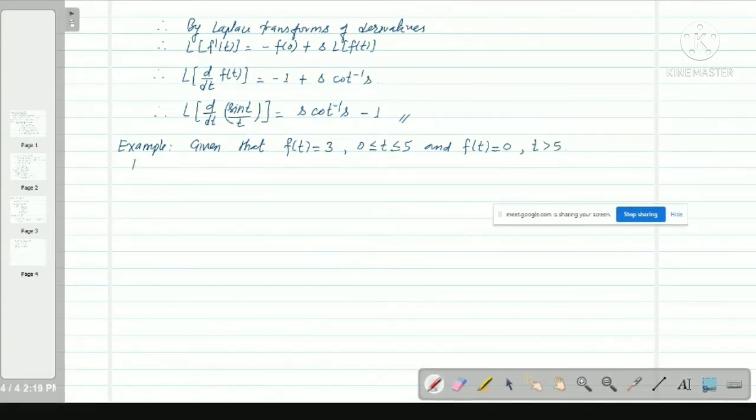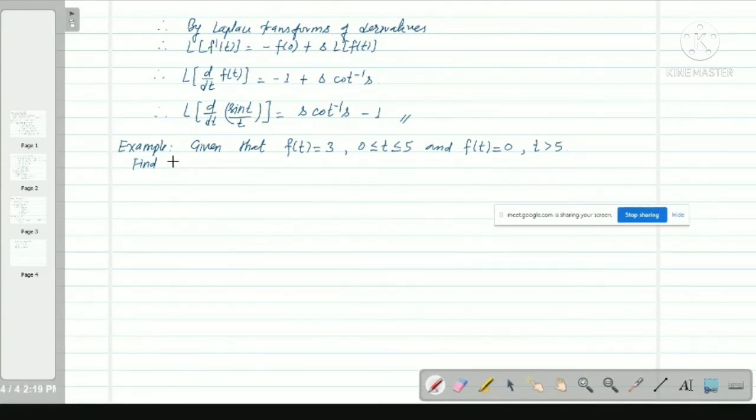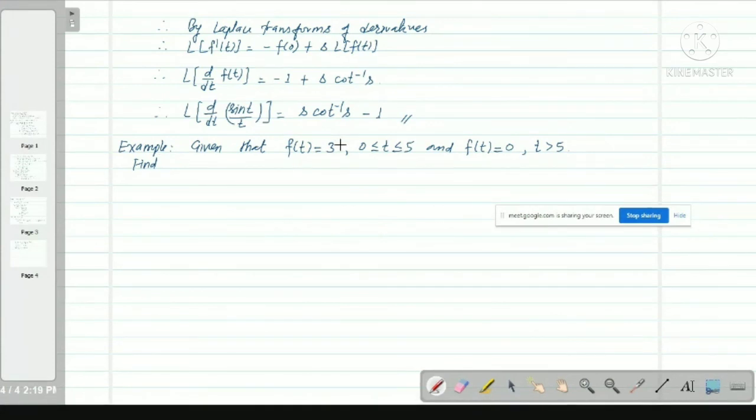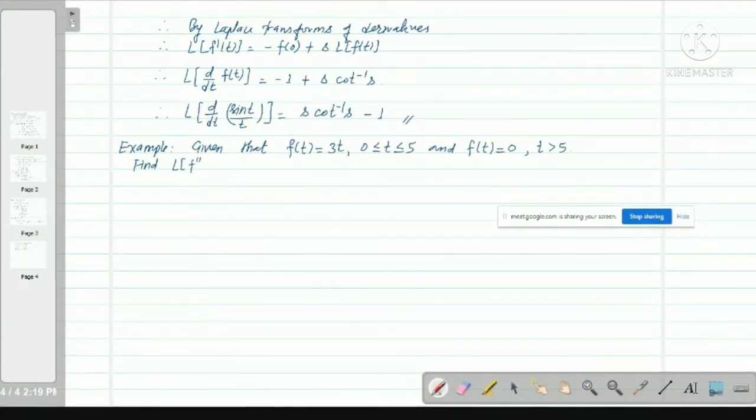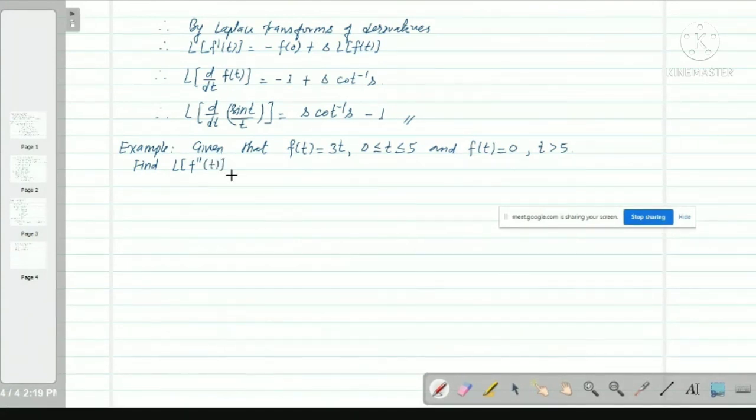Then find the Laplace transform of f double dash of t. Just find this out.